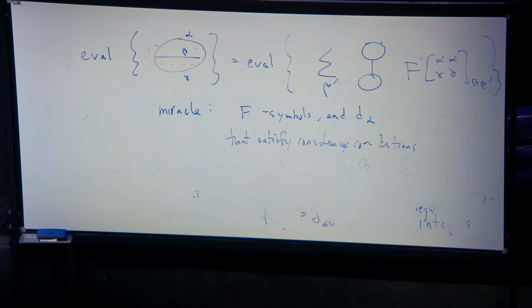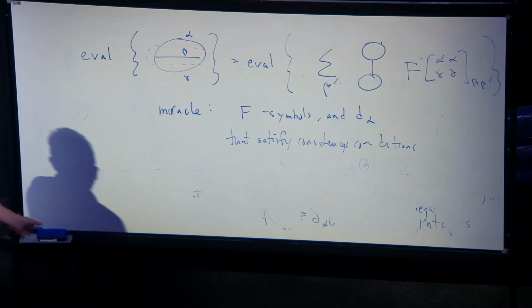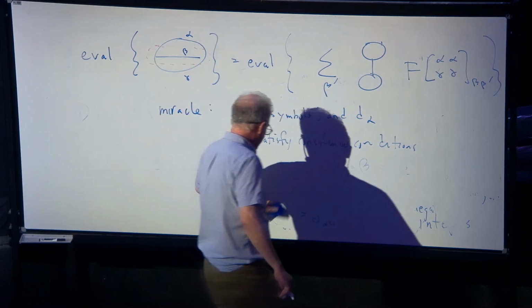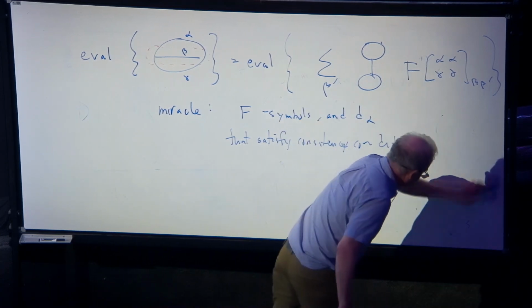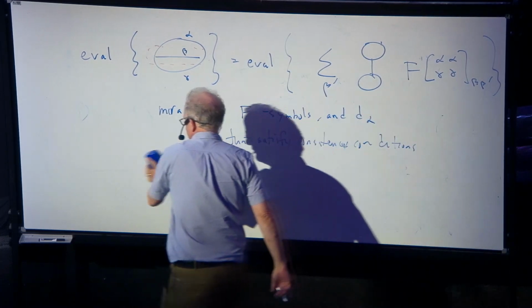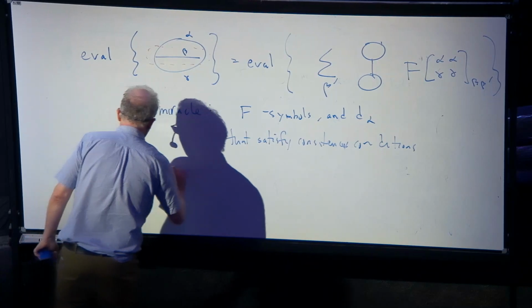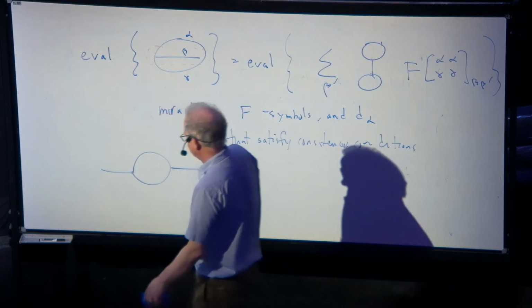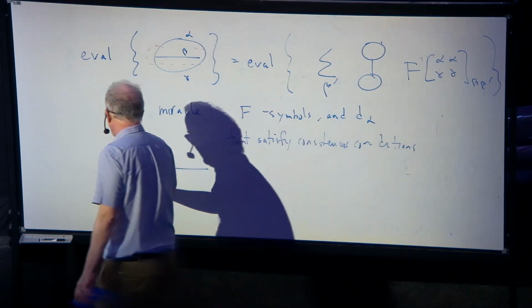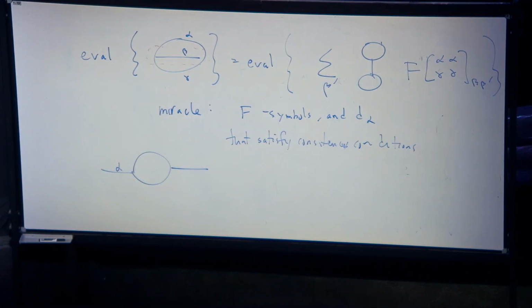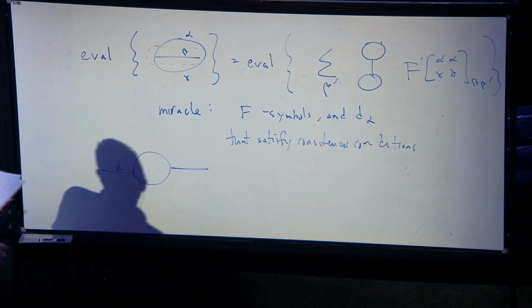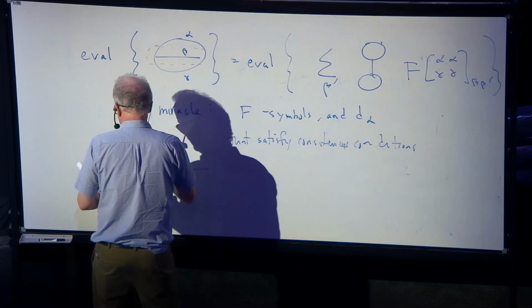Let me just leave this here. So for example, you see quickly when you're trying to solve these equations, some things have to happen. And one of the things that happen, if I have a subgraph that looks like this, where that's alpha, then I can reduce this.